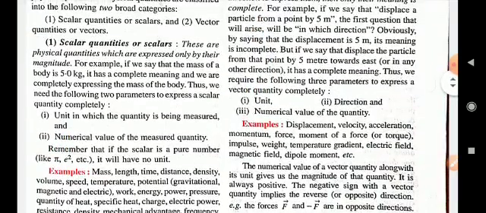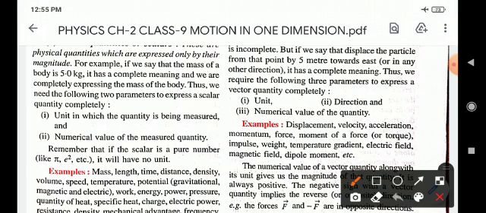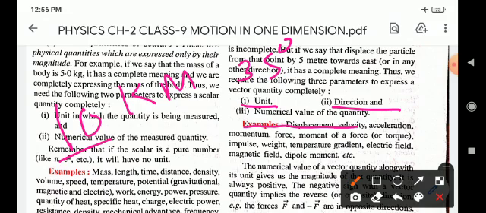The following three parameters are required to express a vector quantity: number one, unit; number two, direction; third point, numerical value and quantity. For example, 10 kilometer at 35 degree: 10 is the numerical value, kilometer is the unit, and the angle is the direction.